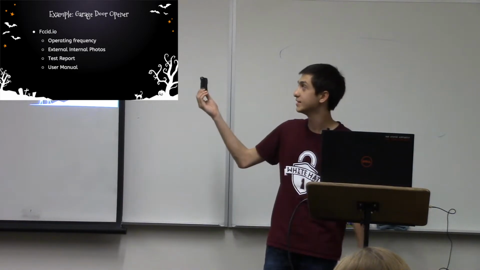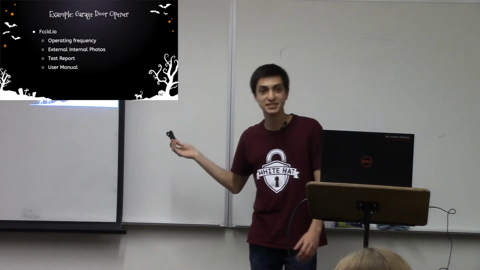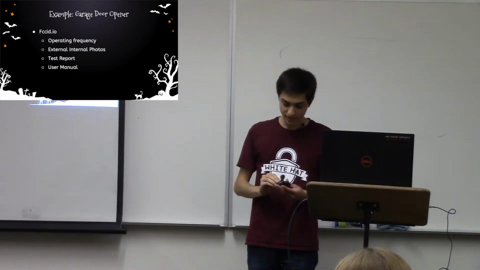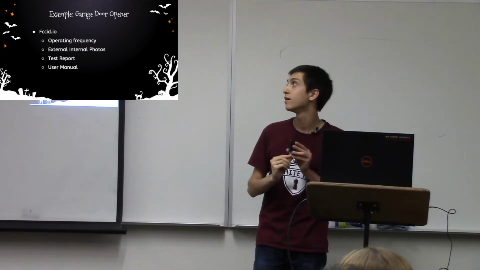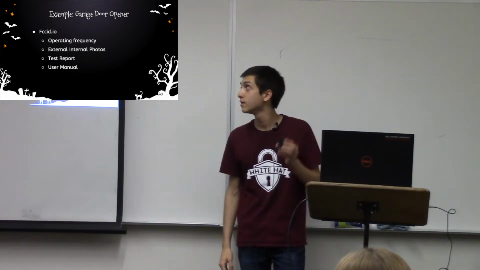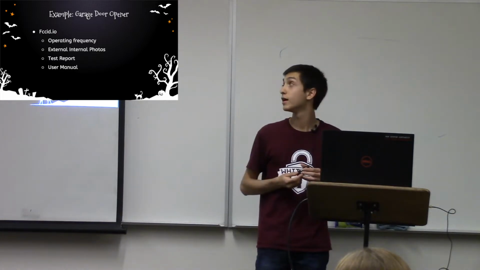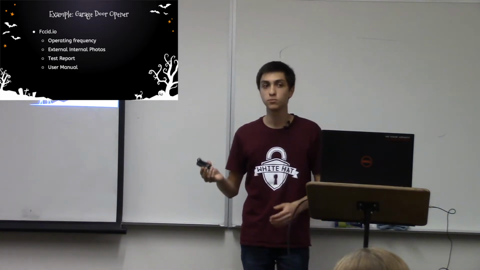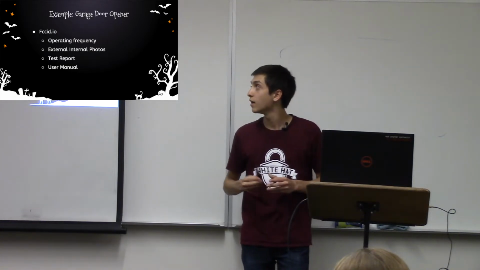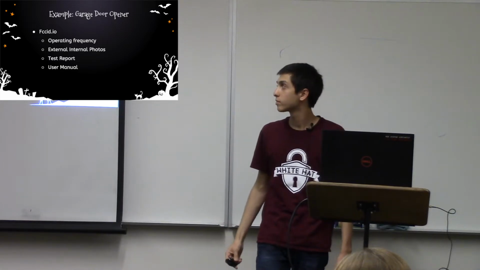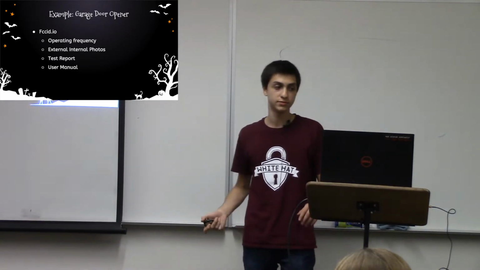So if we go to fccid.io, because the FCC's website is super hard to navigate and this website makes it easy, you just plug that number in and you'll get information such as whatever frequency it operates on, external and internal photos, which is useful if you don't actually have the device but want to see what it's like inside, a test report where they actually record what it's emitting, and a user manual and various information like that.